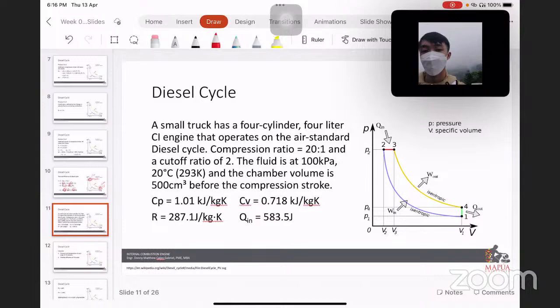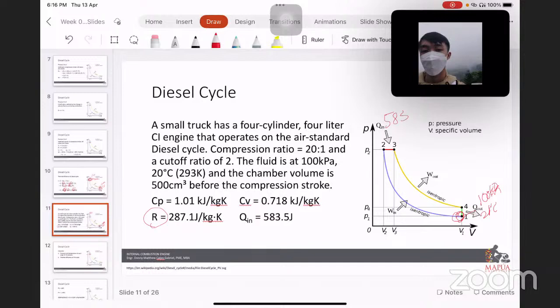So before the compression stroke means dito sa part na to. So 100 kilopascal at ito yung 20 degrees Celsius. So binigay din sa iyo yung Q in natin at 583. Binigay rin sa iyo yung R. So ito yung specific to our air-fuel mixture.